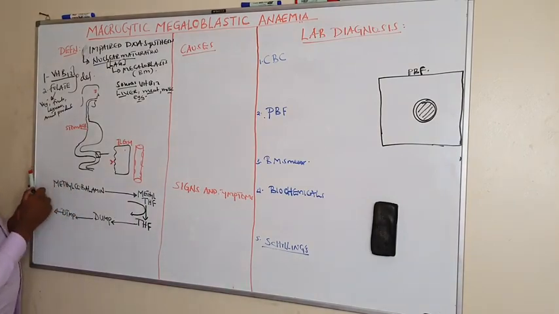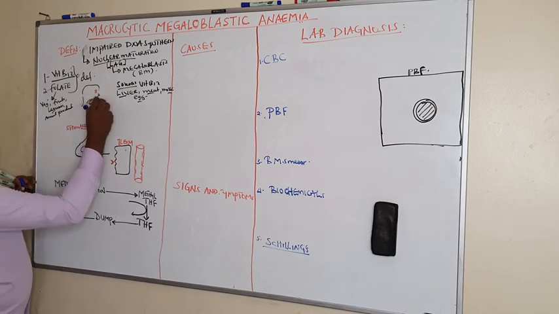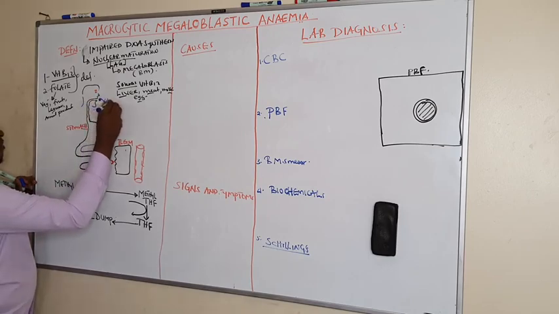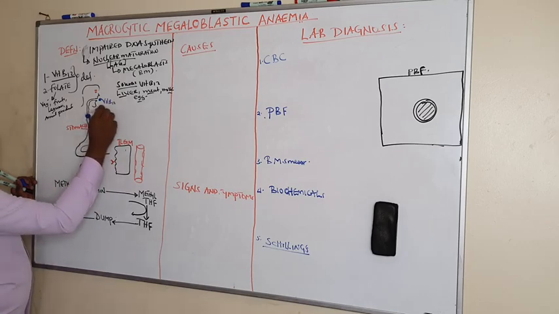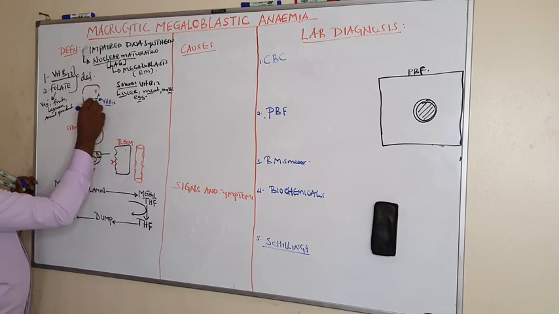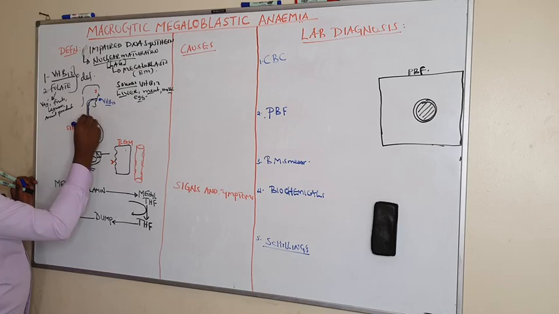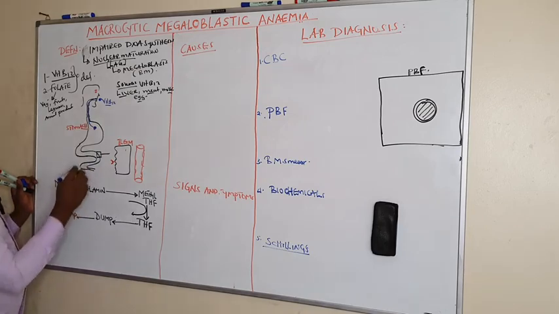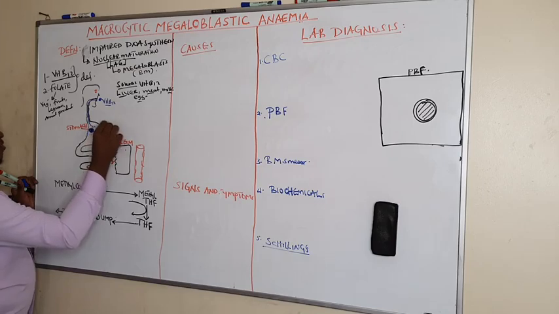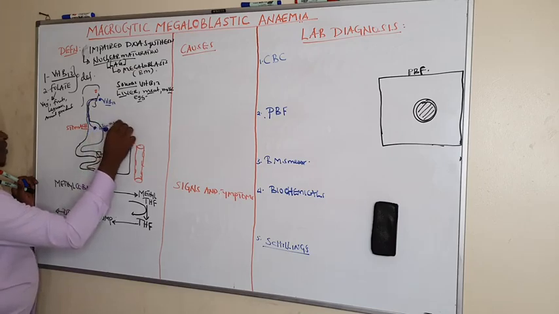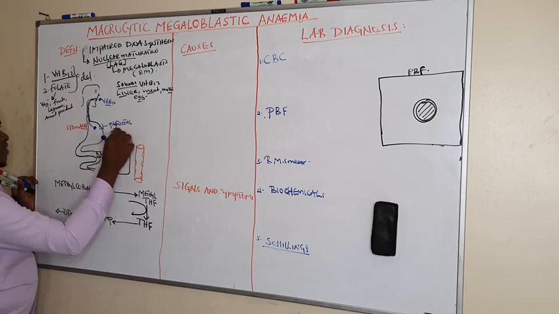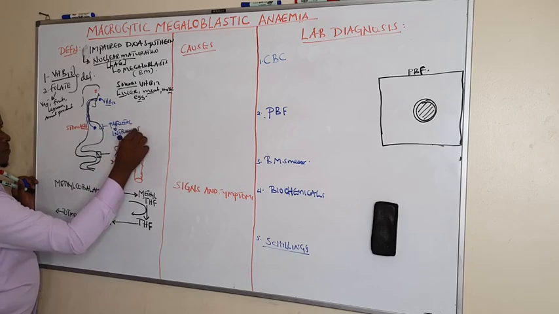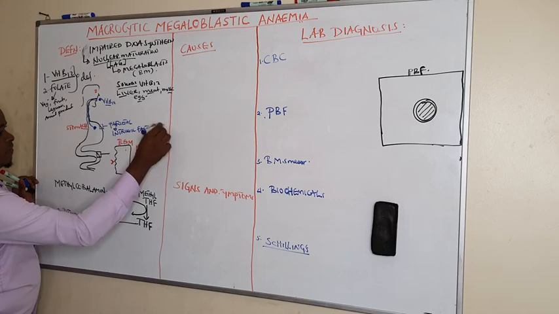So when I take food containing vitamin B12, which we can call cobalamin, this vitamin B12 is taken through the esophagus, and when it reaches the stomach, the parietal cells in the stomach release a factor known as intrinsic factor, abbreviated as IF.